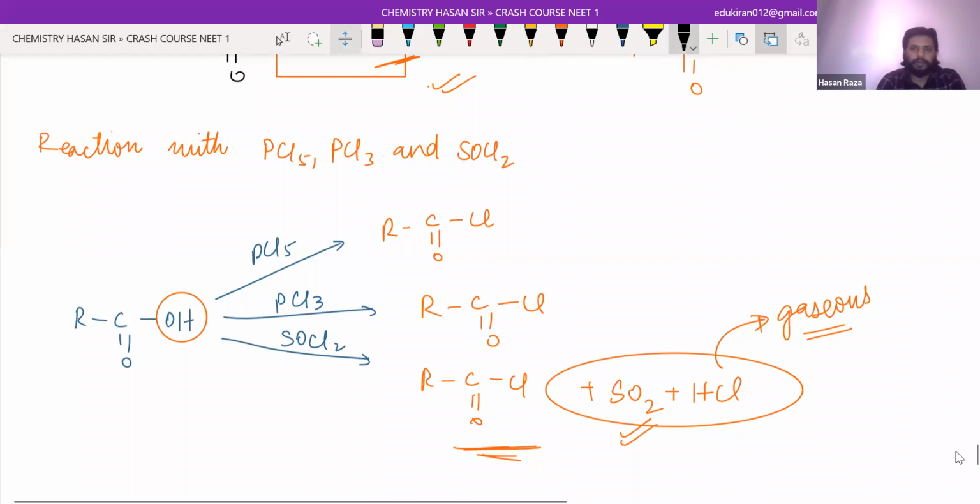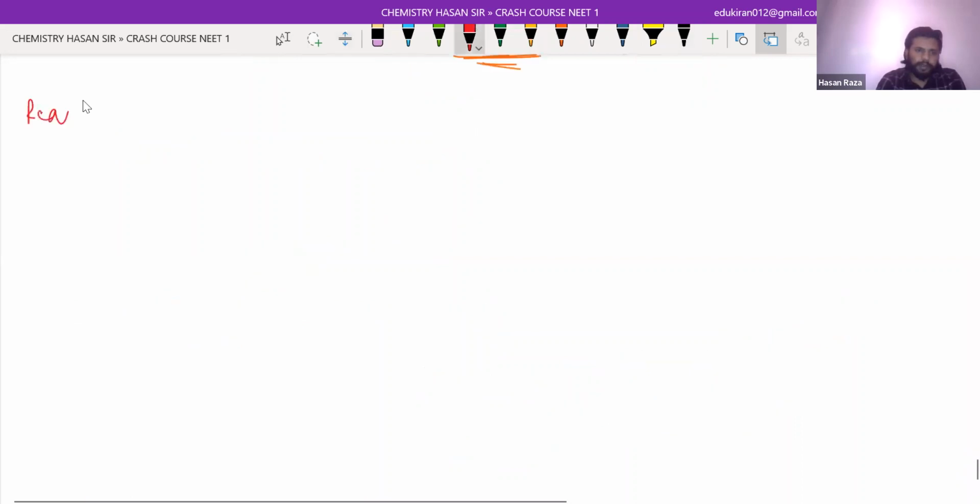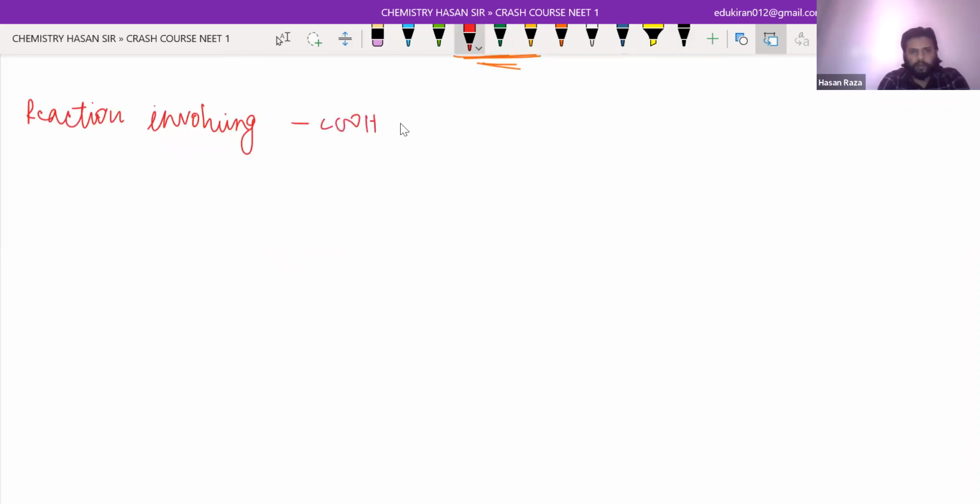After this we have reactions involving the COOH group. The first one is reduction.